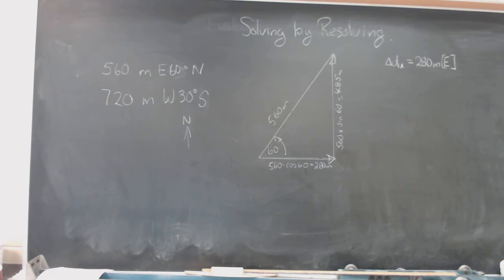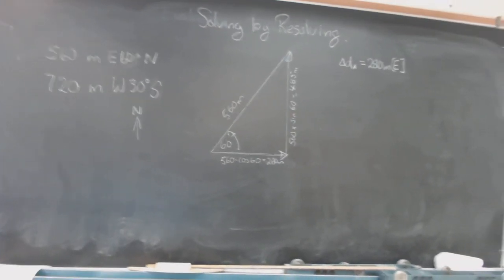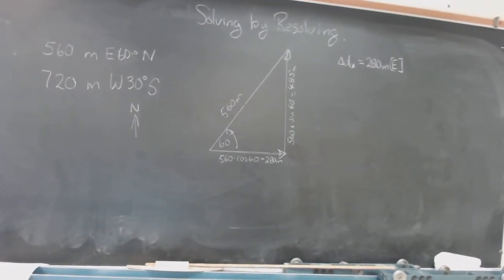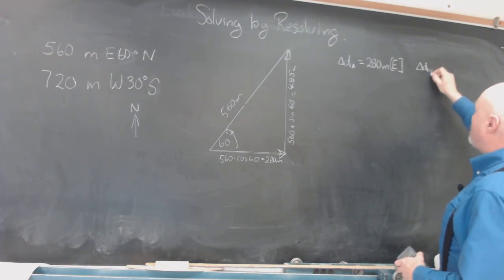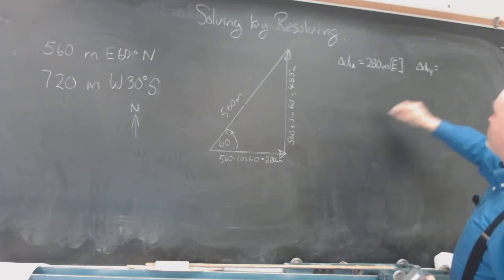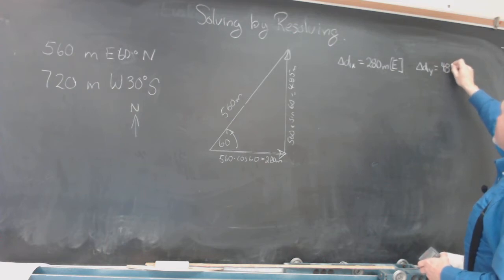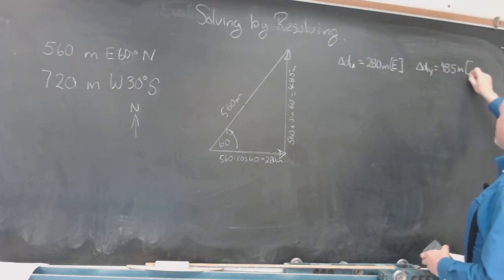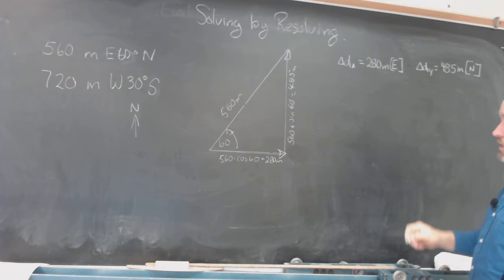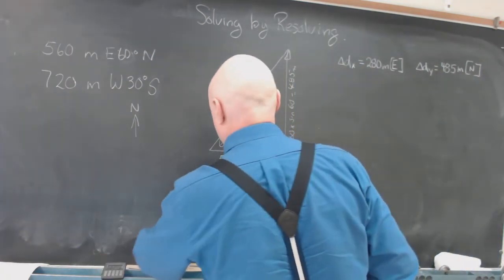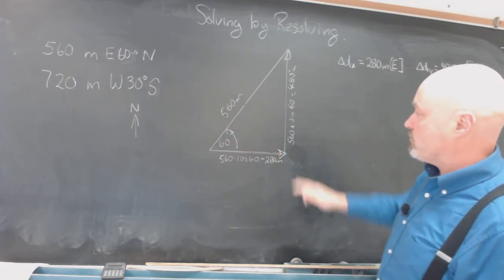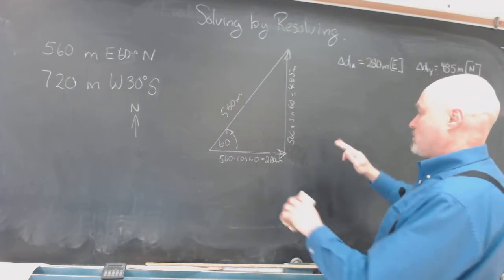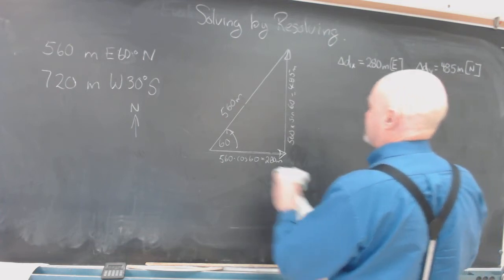And d1y is going to be 485 meters to the north. There's our first displacement vector. We've drawn it out east 60 degrees north. We've resolved it into its two components. Now let's get to the second displacement vector.